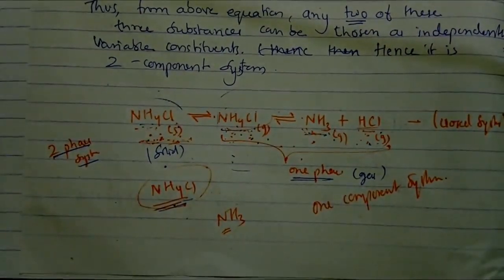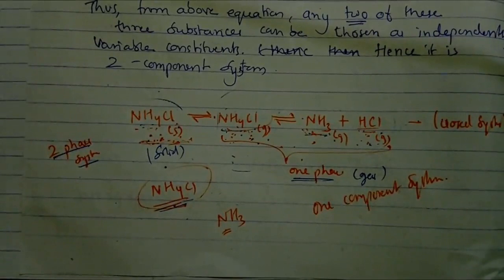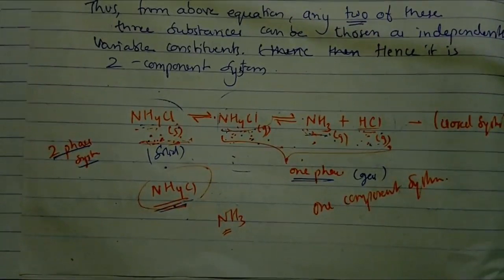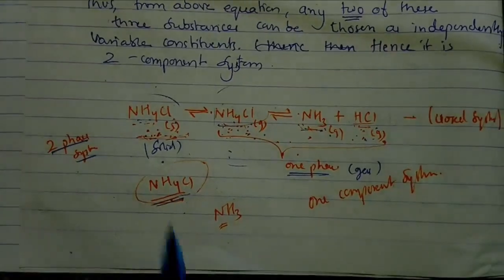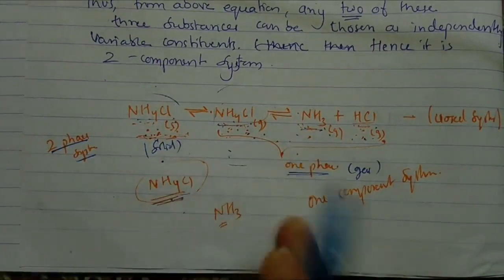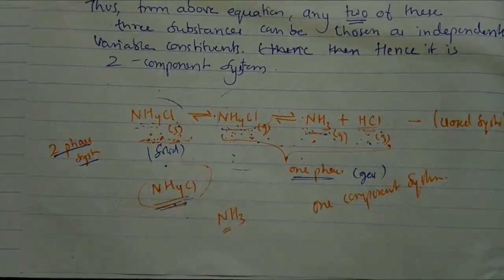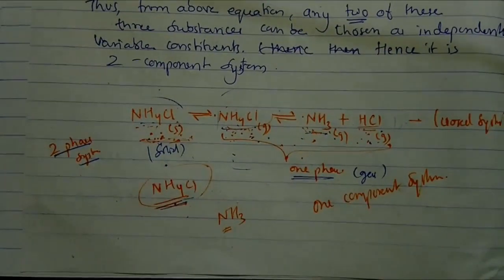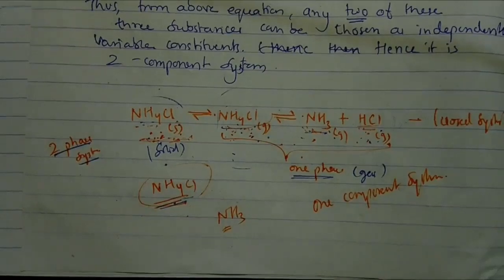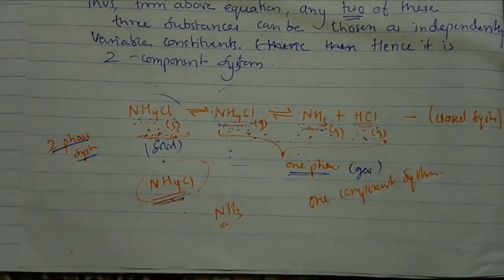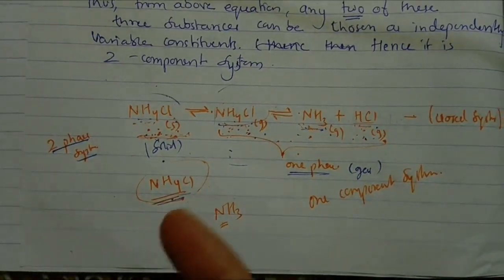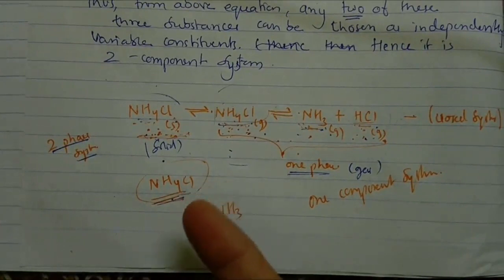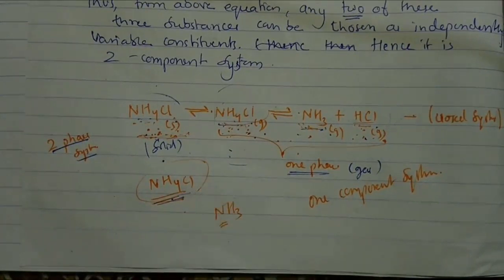Is that clear? Because by definition it is the smallest number of independently variable constituents by means of which the composition of each phase present can be expressed either directly or in the form of a chemical equation. So we can directly tell what the composition of this phase is, or in the form of a chemical equation.